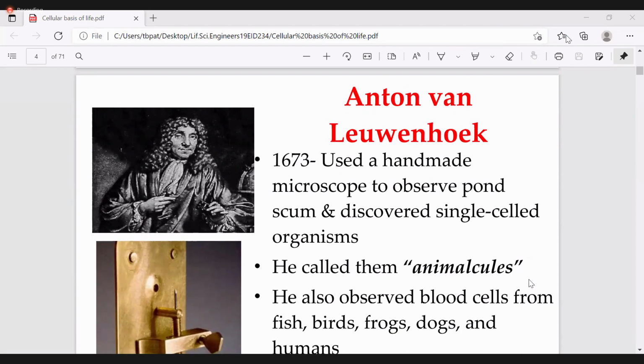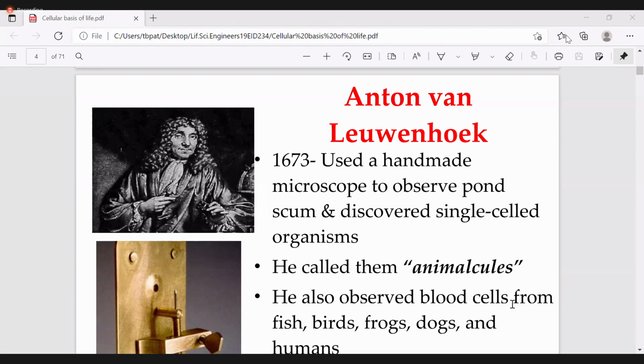So many single-celled organisms he identified. They are called animalcules. Already you have identified this word: the protozoans are animalcules. That is why the organism Paramecium is called the slipper animalcule. Why? Because its shape is slipper-like.